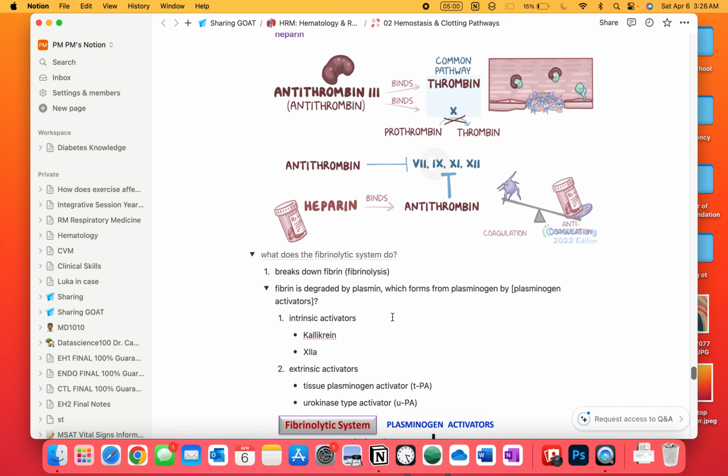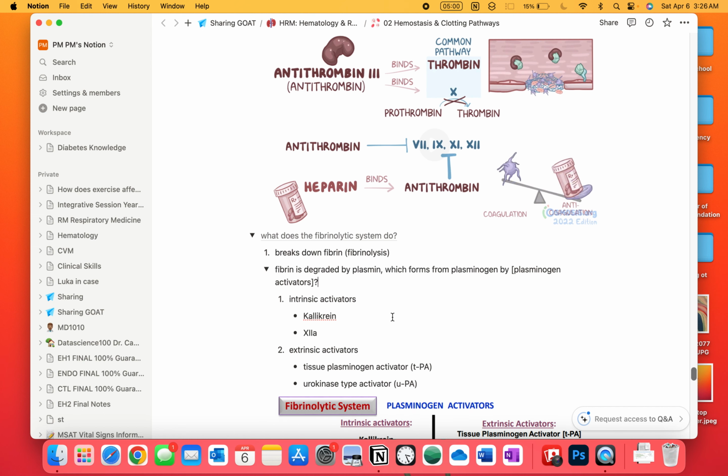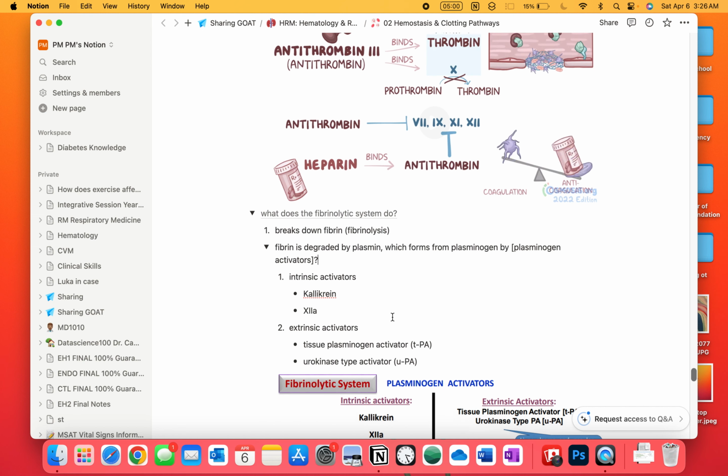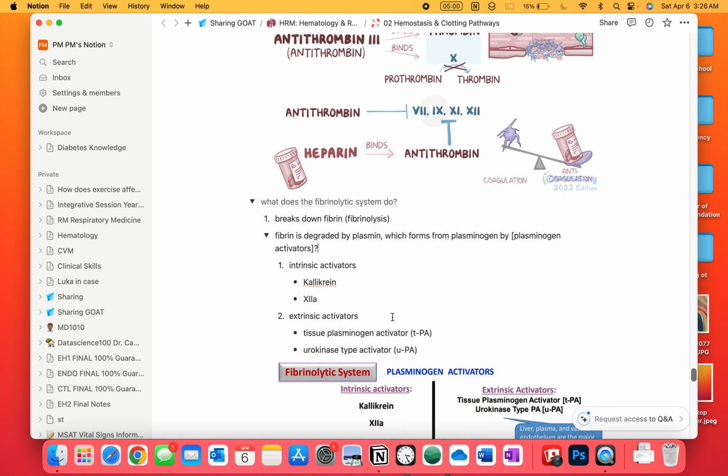What does the fibrinolytic system do? This is going to break down the fibrin mesh that is formed in the clot. And remember, fibrinogen to fibrin. Fibrin is the thing that is making the clot insoluble. Fibrin is degraded by plasmin, which forms from plasminogen by kallikrein and factor 12.